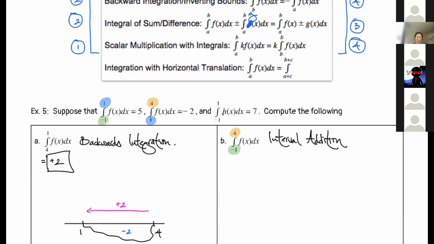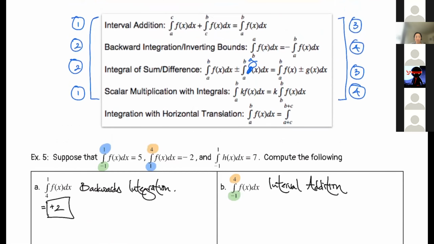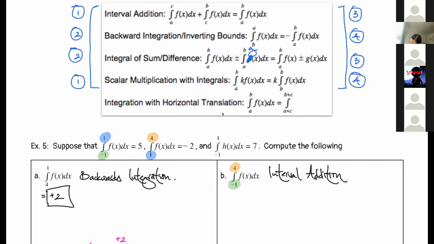So we can take the two pieces of information that we have for f of x and apply the rule and just know that we're almost going backwards. So we're saying the integral of -1 to 4 of f of x dx is equal to the integral from -1 to 1 of f of x dx plus the integral from 1 to 4 of f of x dx.